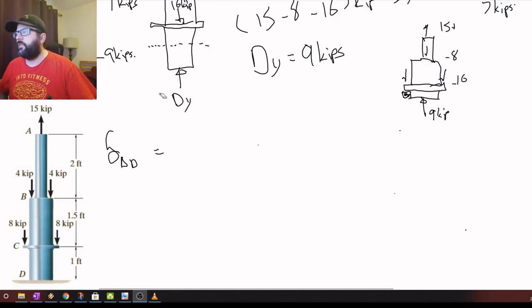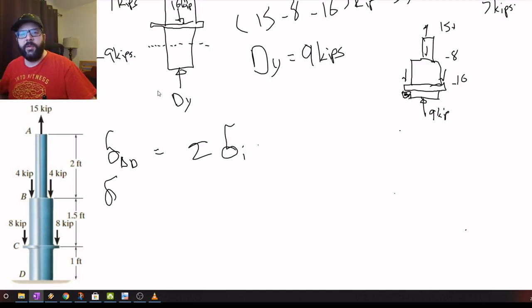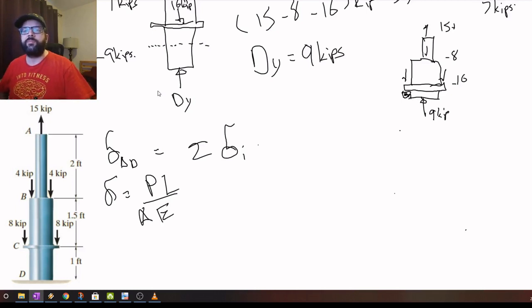So that is just going to be the sum of the displacement for the individual sections. Again, the displacement in those individual sections is just going to be equal to the load times the length divided by the cross-sectional area times the E section.